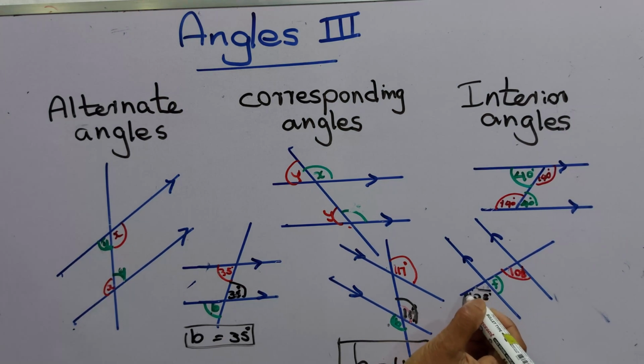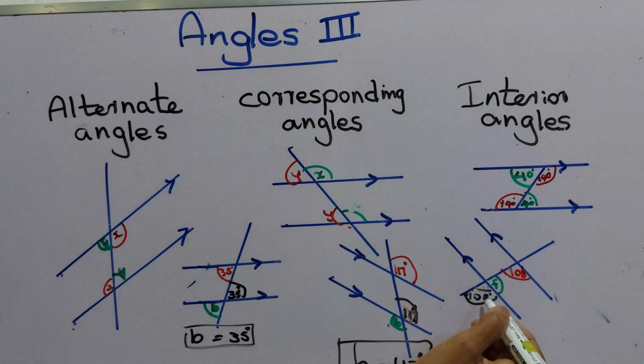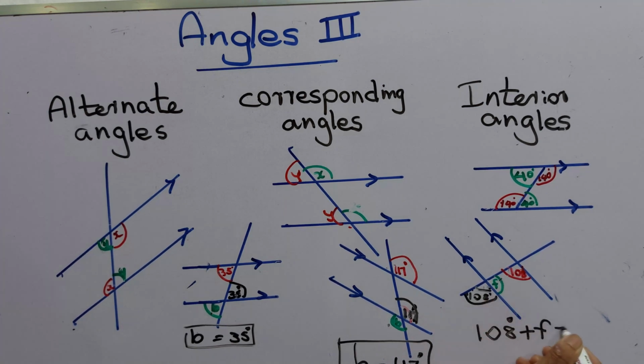Then for interior angles, these two angles add up to 180. The value of this angle is 108 degrees plus this angle F equals 180 degrees.